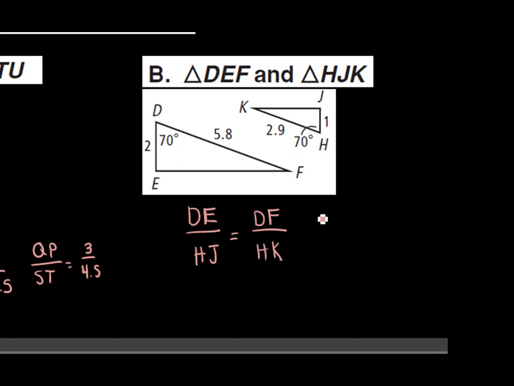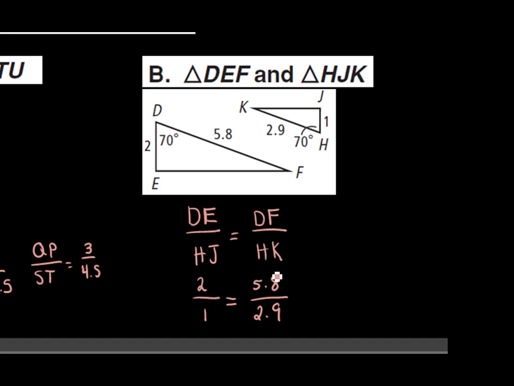So are those two equal? Well, DE is 2, and then HJ is 1, and then DF is 5.8, and HK is 2.9, which is half of, or 2 over 1. This would actually reduce to 2 over 1.